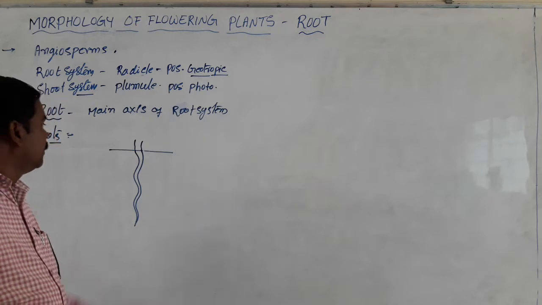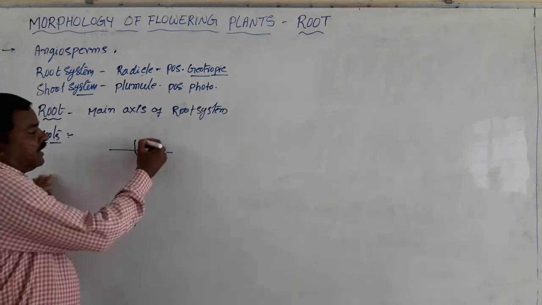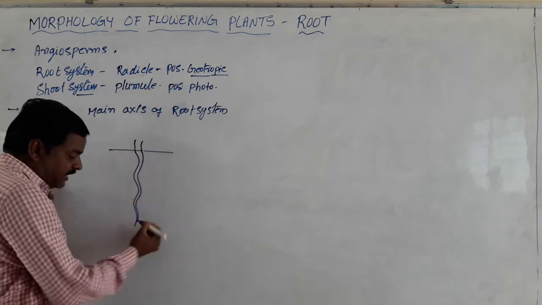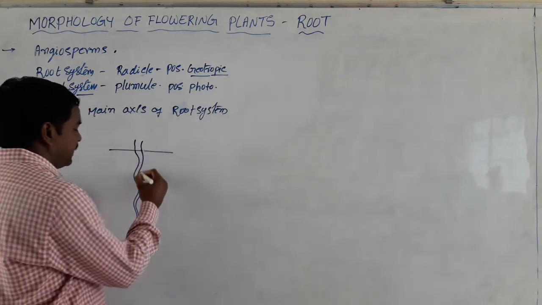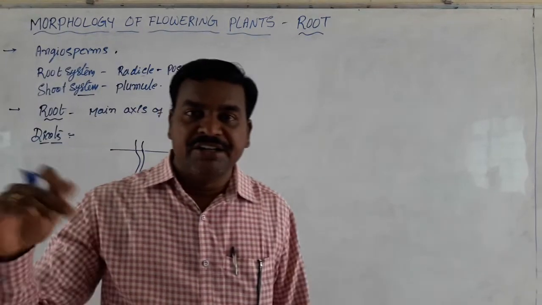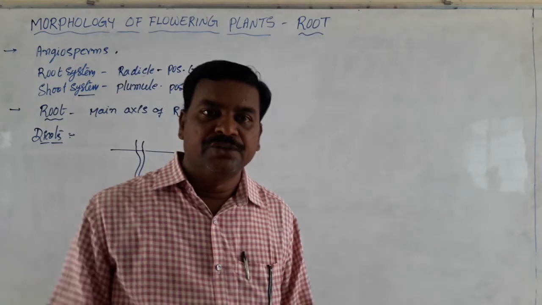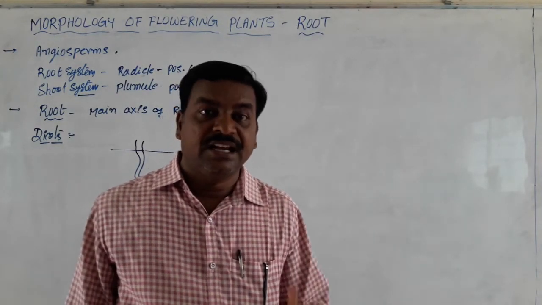So in dicotyledonous plants, the direct elongation of the radicle is considered the taproot. The radicle directly elongates into the soil to develop into the main root, that is the taproot.